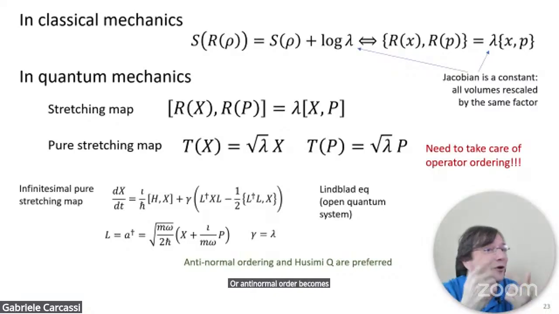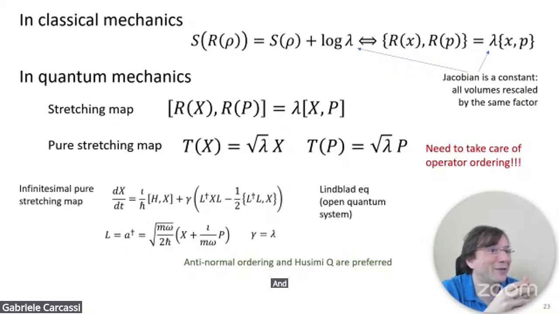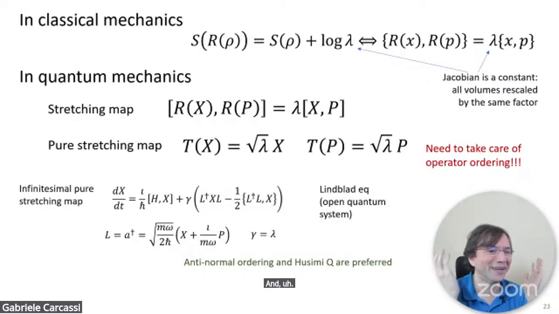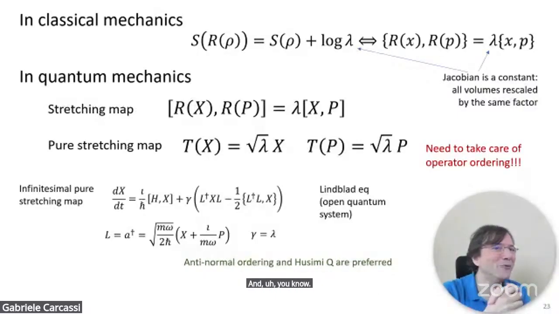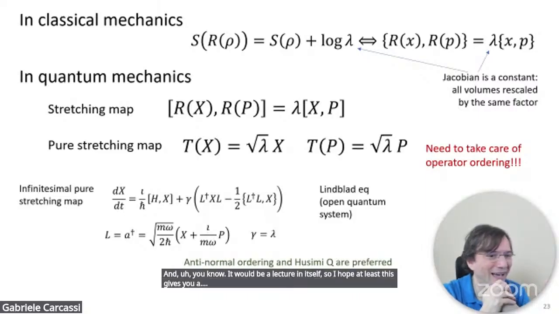So the ordering of the operators doesn't matter anymore, and that tells you, okay, then the position and momentum are going to commute. So there are all these nice insights that sort of all work together, and it would be a lecture in itself. So I hope that at least this gives you a better idea of how it works at the technical level.